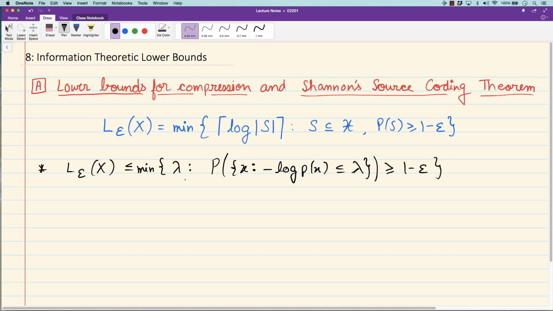The minimum over all such lambda is an upper bound for L epsilon of X. And in fact we gave a good estimate for this minimum.